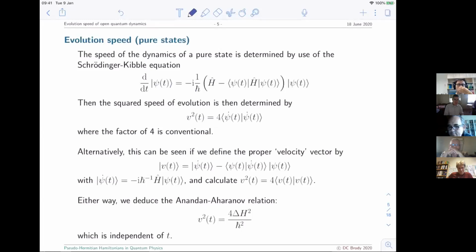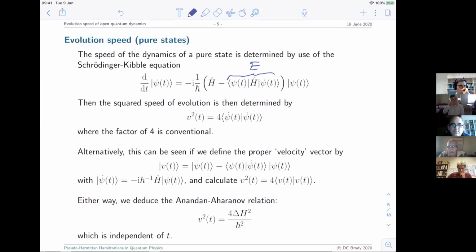So the time derivative is given by minus i over ħ times H minus its average, we can call that E if you like, acting on ψ. Now, this equation in Hilbert space is in fact a nonlinear equation because we have a cubic term on the right-hand side. On the other hand, along every unitary orbit, the expectation value of the energy Hamiltonian is constant. And therefore, it gives you standard unitary evolution along every orbit.